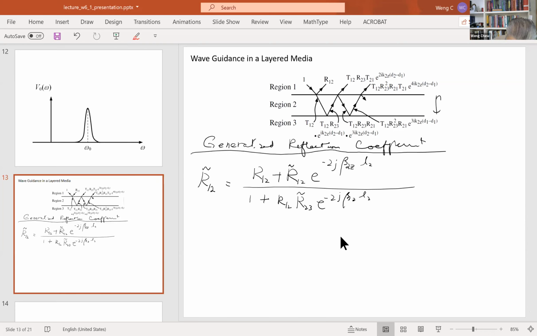And let's assume that this is L2, okay? I can derive this using transmission line theory by mathematical homomorphism. The formula should be the same.